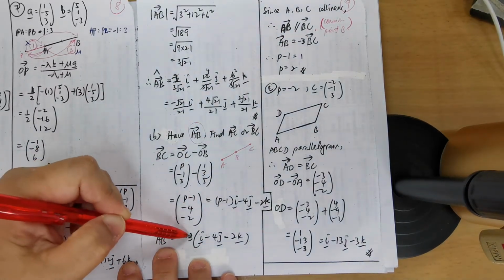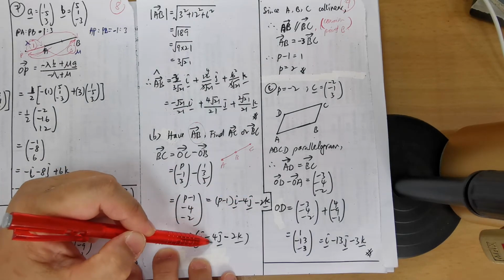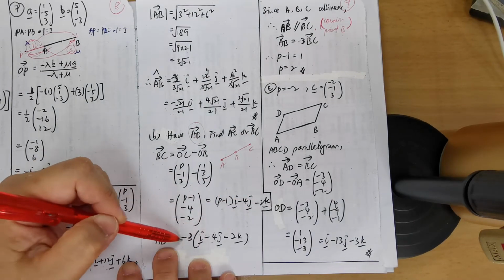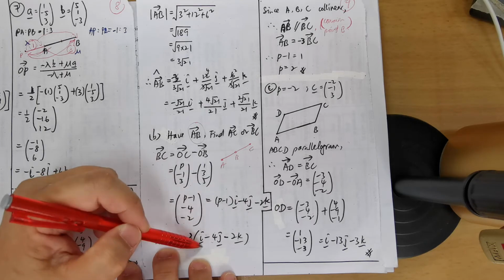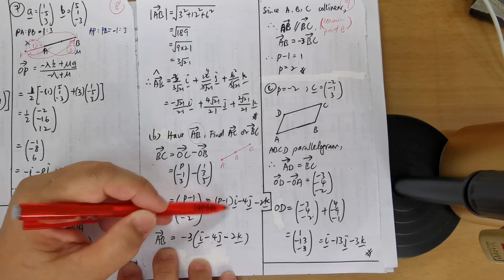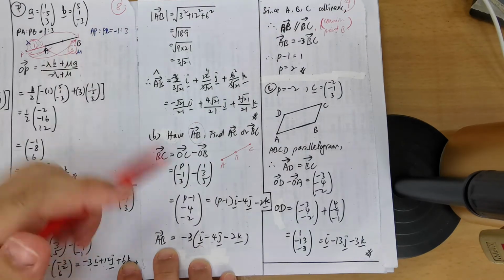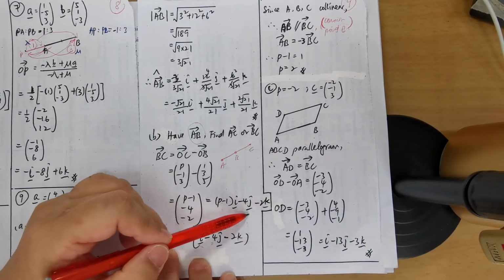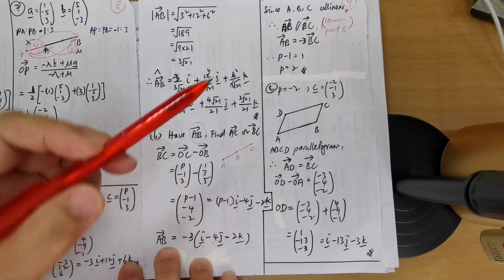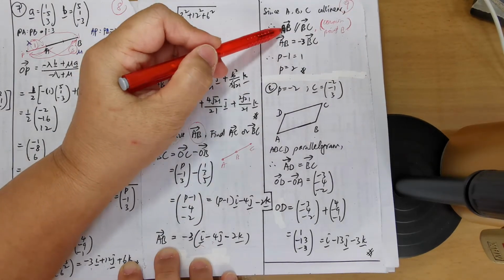AB is negative 3 times BC. See? Negative 3, and this is BC. If this is BC, then P minus 1 equals 1 when you compare. The BC that we calculated is like this, and we get this conclusion because of the parallel.